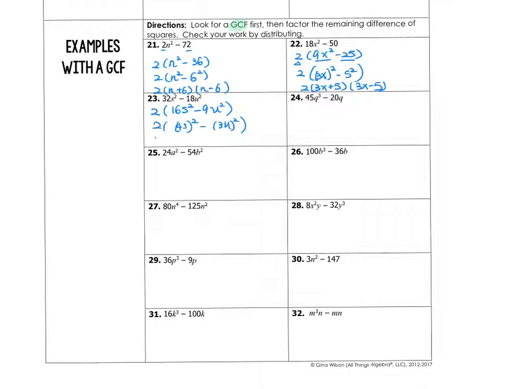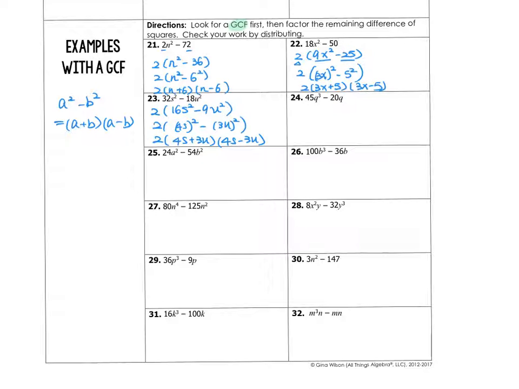All I did was rewrite it. Sorry about that. All I'm looking for at this point is a squared minus b squared, something squared minus something squared. Then I can factor that into a plus b times a minus b. So it's 4s plus 3u times 4s minus 3u.